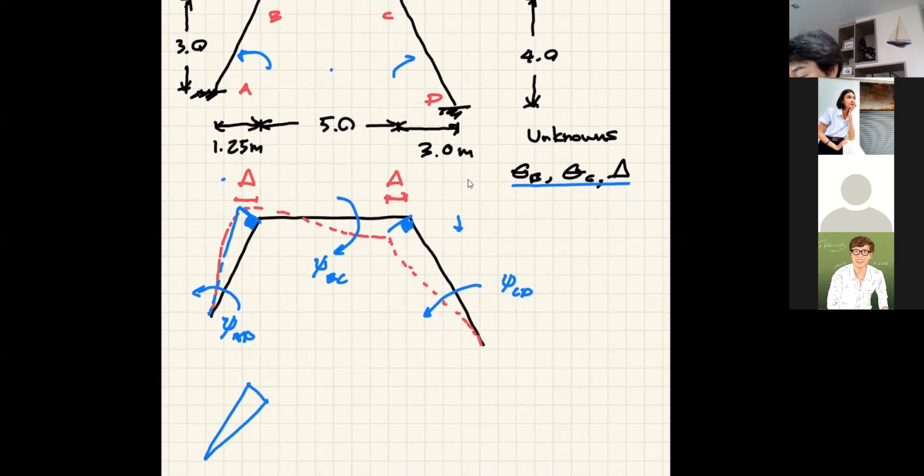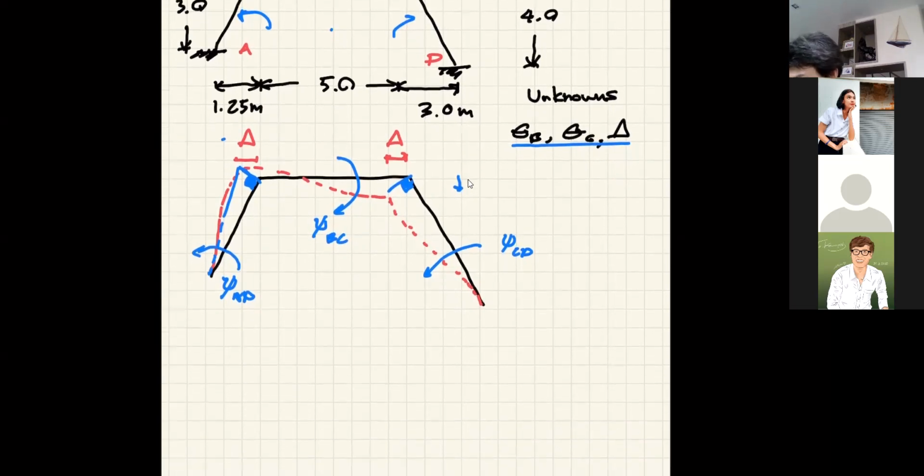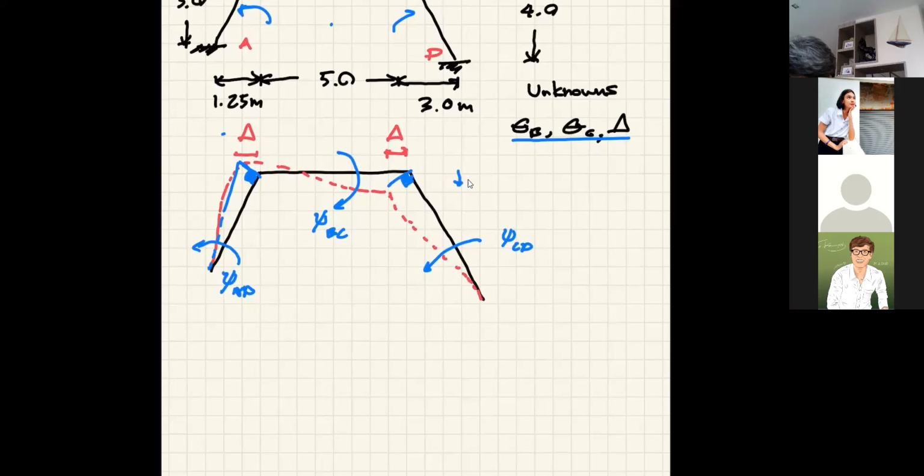Let me try again. Let's try to at least draw it with the same slope so that you have a better feeling. Okay. When you want this angle, you want this distance.